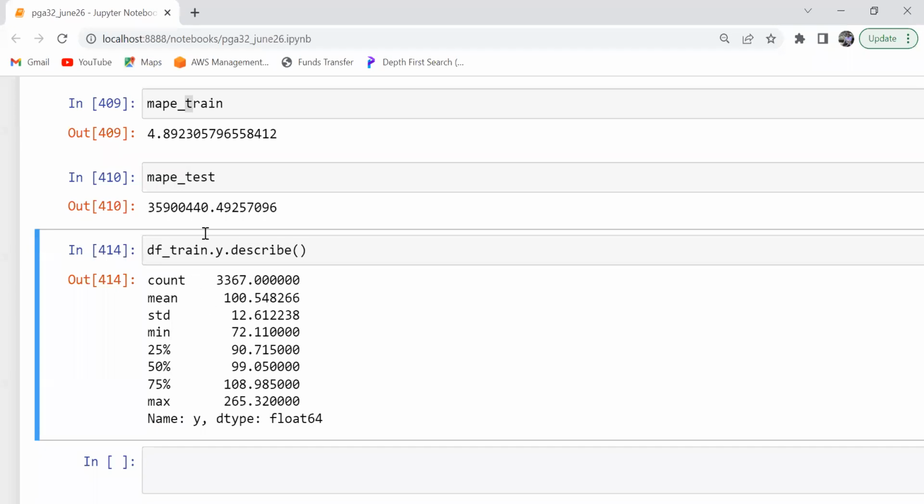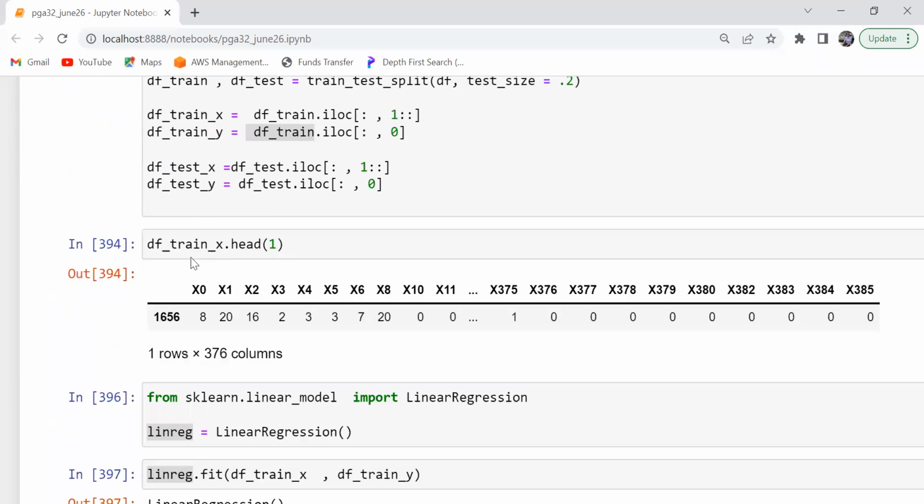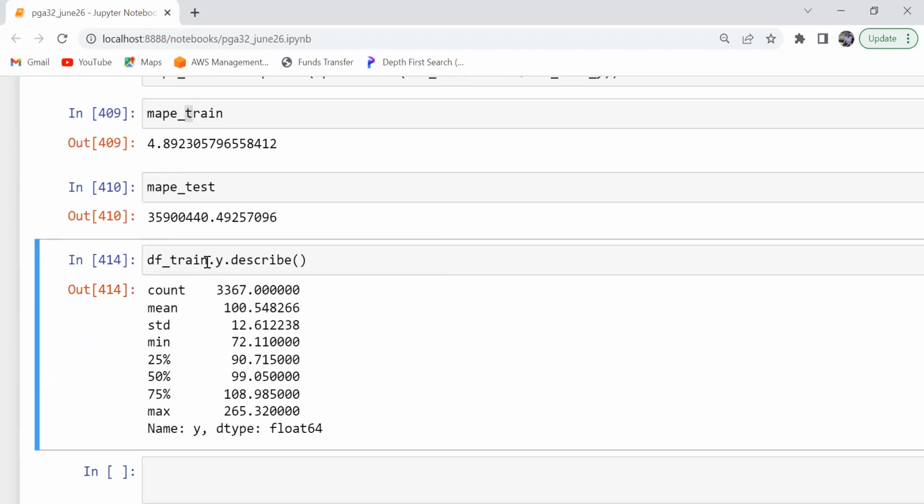So how many records do I have in my data? Not even on train y, I want to do it on the entire one. Let me say df dot y, not even on train. Let's do it on the entire one.